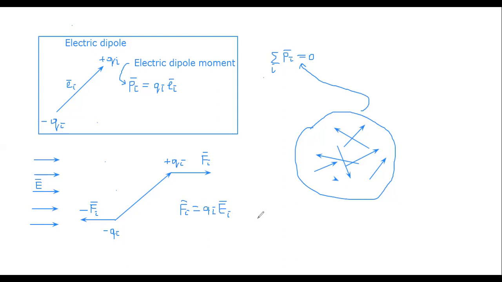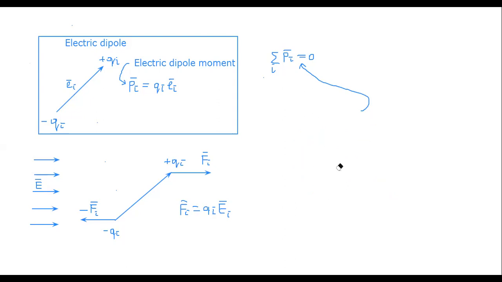So we can see that the external electrostatic field tries to orient the electric dipole in the direction of itself. And because of this orientation, the situation will change.